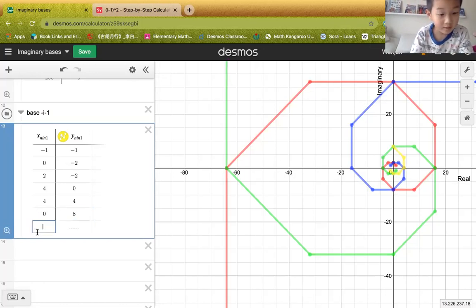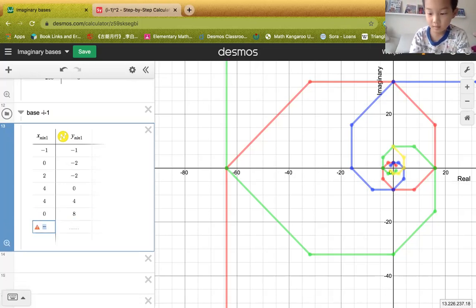The numbers are still quite small. I set this to that.